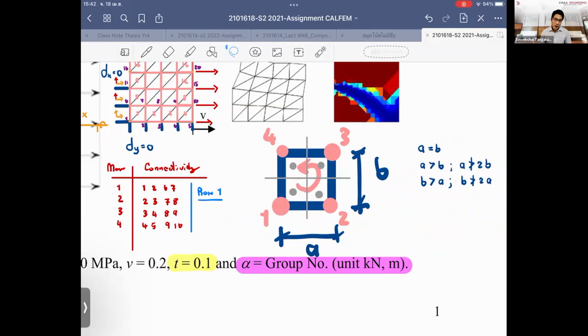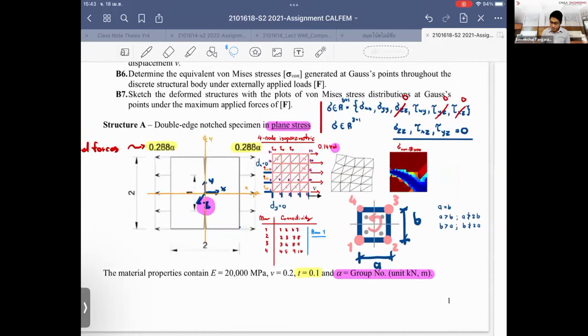For the sake of your learning, not my learning, it is your learning. I hope that you will do the assignment by yourself, so don't try to use any past materials. But I provide to you as much as possible already. You don't need much of the code. You just develop some little piece of code, and I hope that you enjoy writing the code, because it just trains your brain.